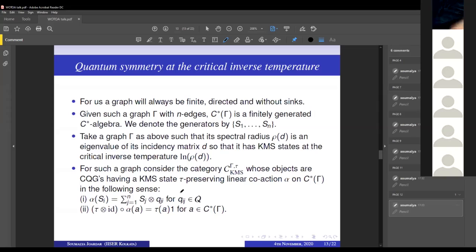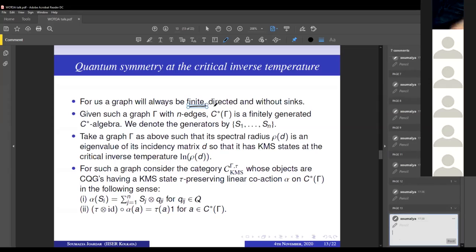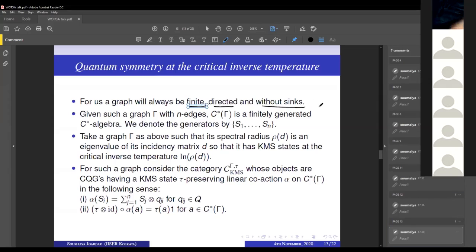Okay. This is again technical, why we are taking this: graphs are finite, directed, and without sinks. We have to take graphs without sinks to talk about the existence of KMS states and all.